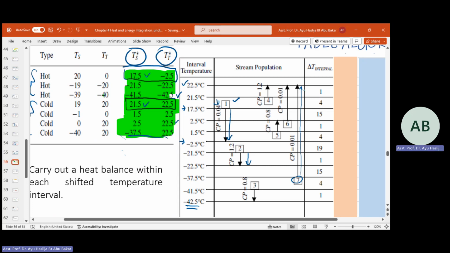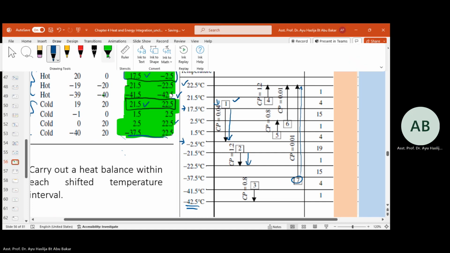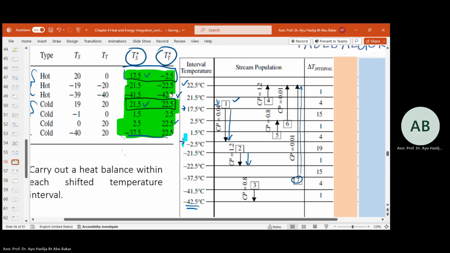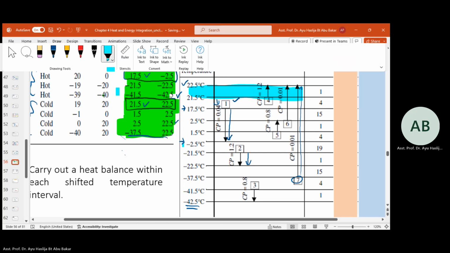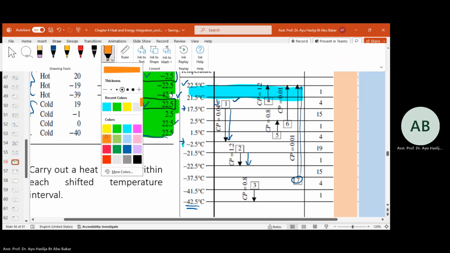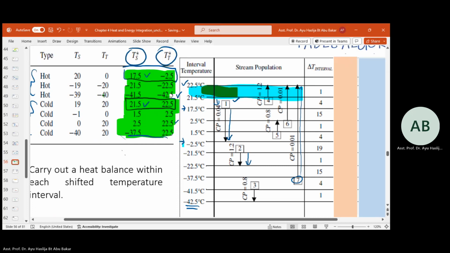Okay, then after you finish with the stream population, calculate the delta T. Okay, delta T here is the interval between the zones.